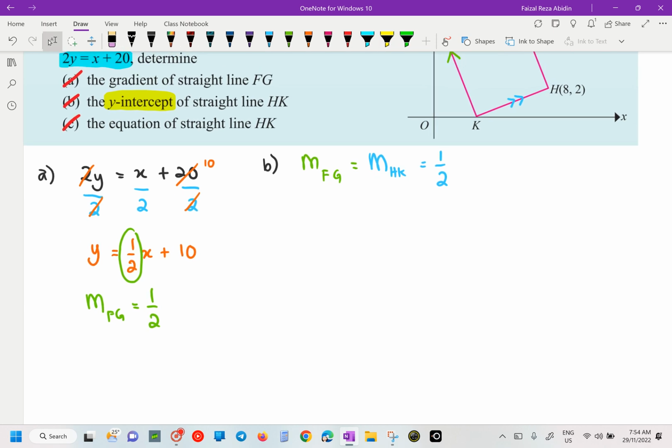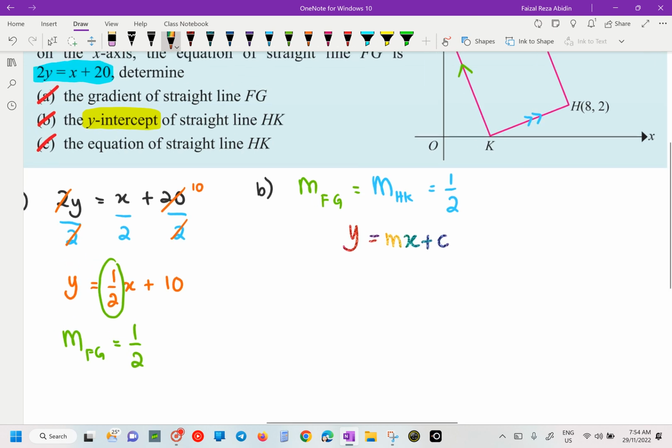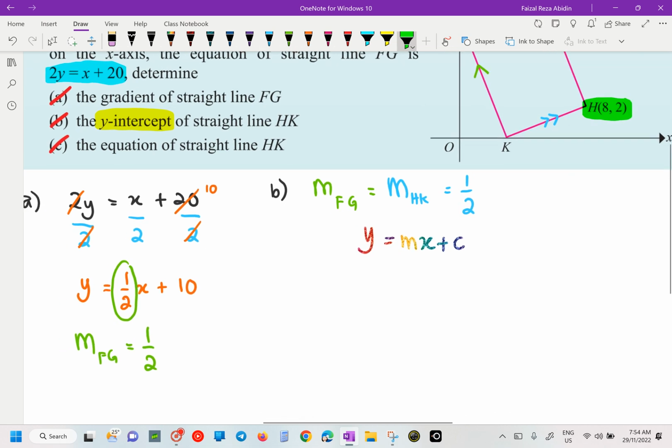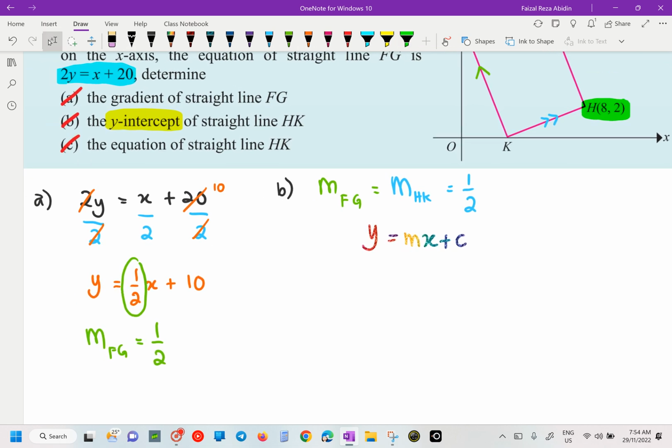So we are going to use the equation y equals mx plus c. And the coordinate given there is H, isn't it? So we are going to use our coordinate H, point H lies on our straight line HK there.